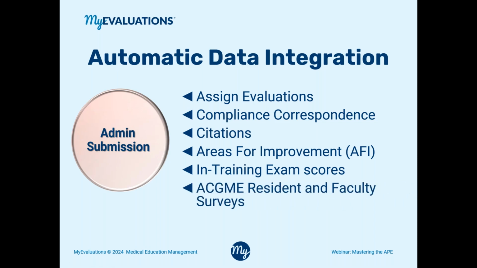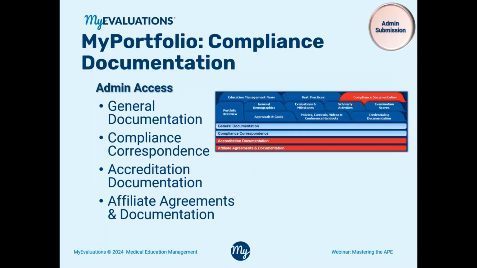And then we have ACGME resident and faculty surveys, which can be uploaded into the system as well. So as I've reviewed with you a few moments ago, under My Portfolio, you want to go to Compliance Documentation, and this is where you can upload your accreditation documentation and any general correspondence that you've received from the ACGME.